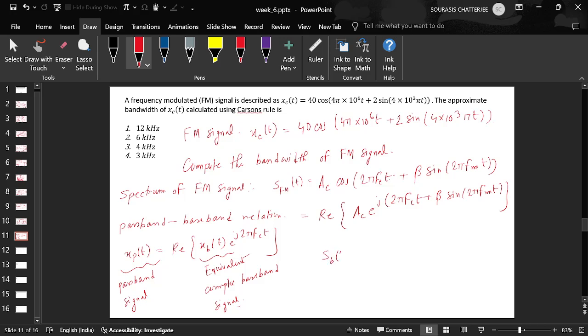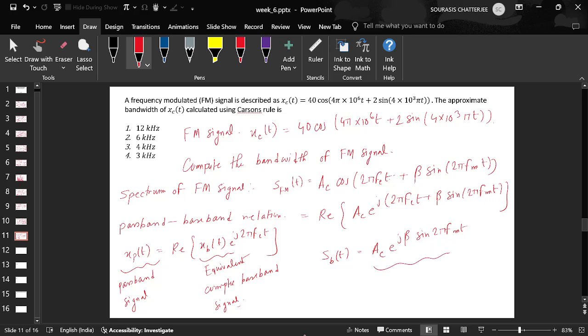It's sb(t) equal to Ac e to the power j beta sine 2 pi fm t. Basically, you are separating e to the power j 2 pi fc t as here, and xb(t) is Ac times e to the power j beta sine 2 pi fm t.